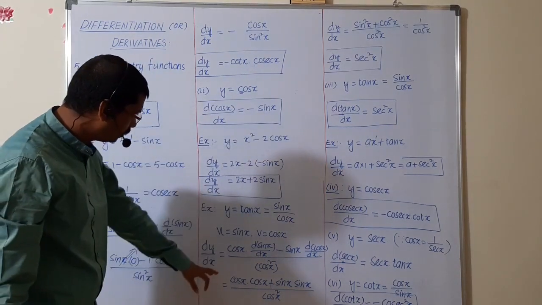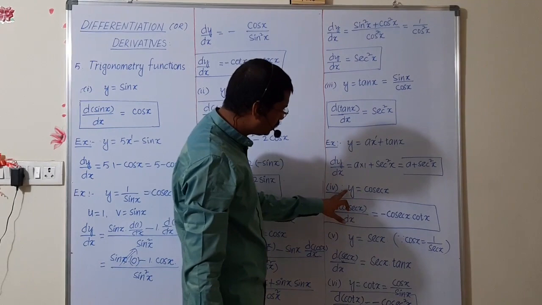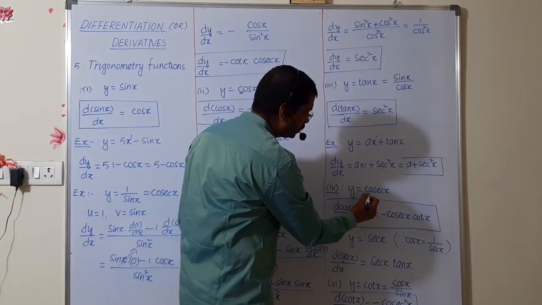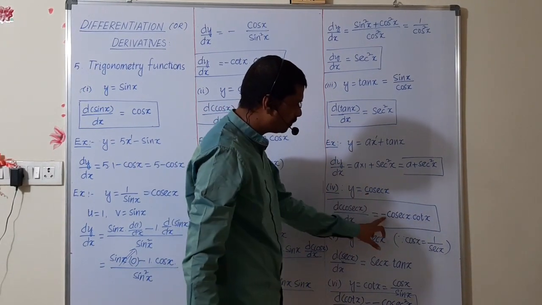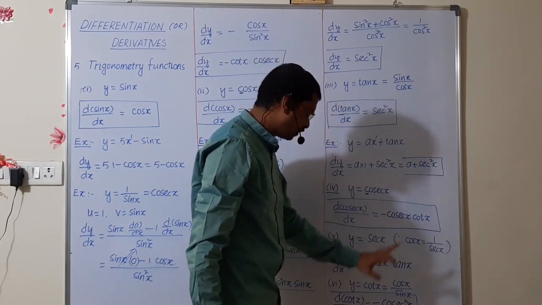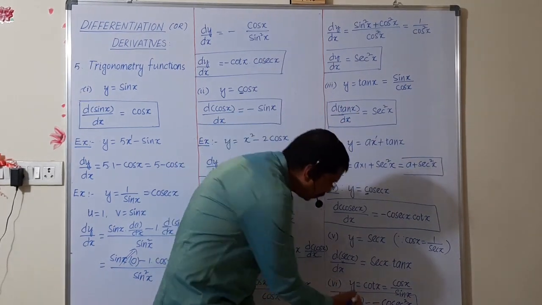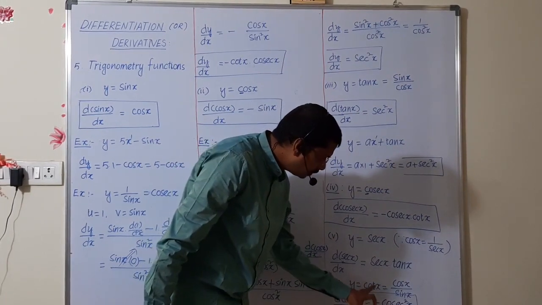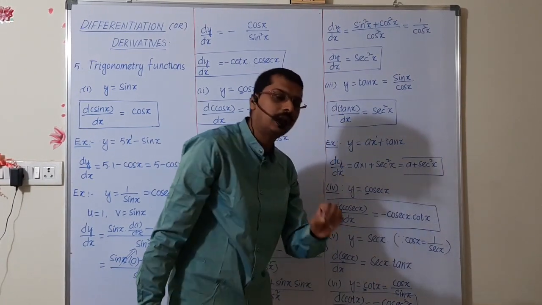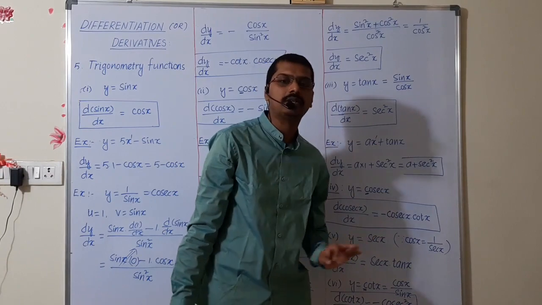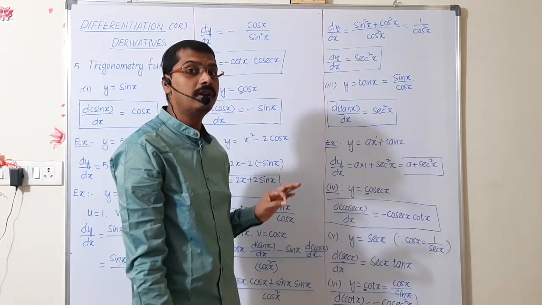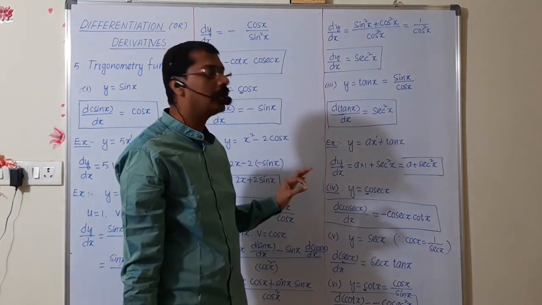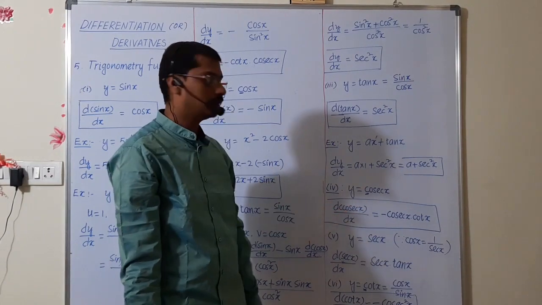If you observe another one, the differentiation of cosec again starts with c, so again we have to take the minus term. And y equals cot, cot also starts with c, so again it gives the negative. For remembering, differentiation of a c-term always gives a negative sign.